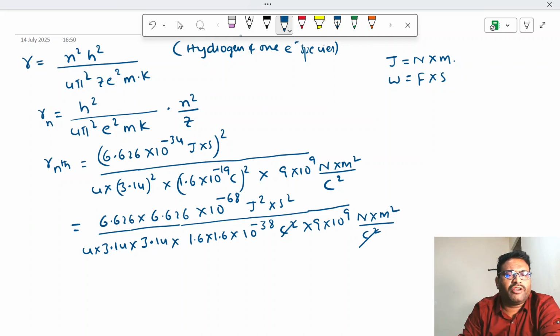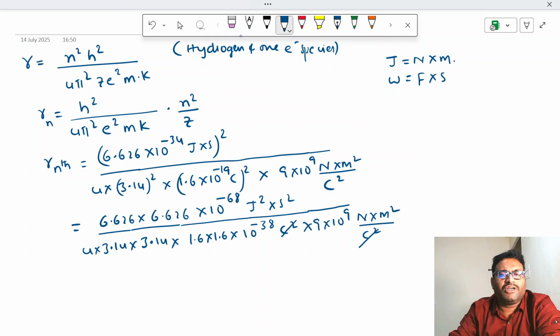Here 4 pi square we have used and the Z square we have used. So mass we did not use, right?